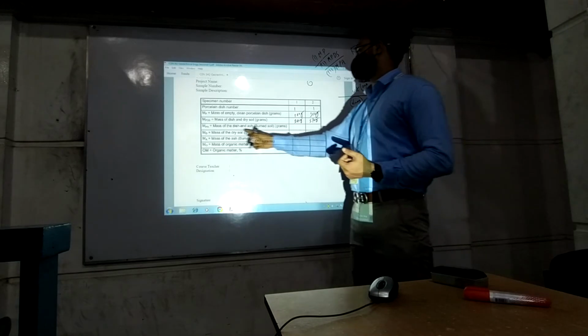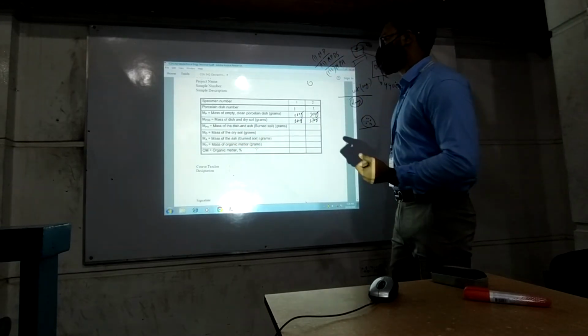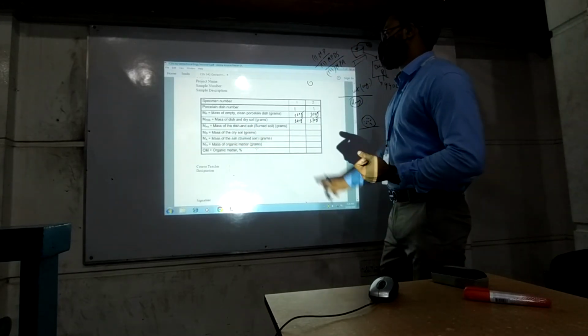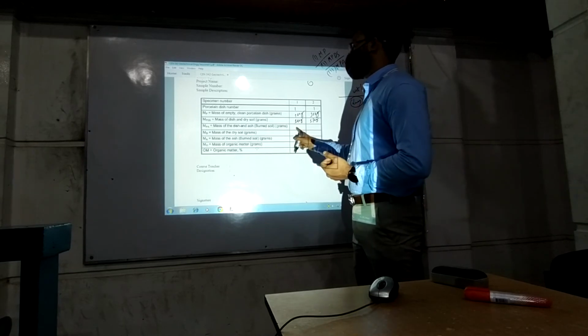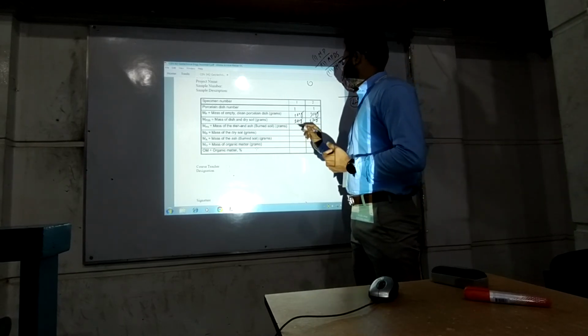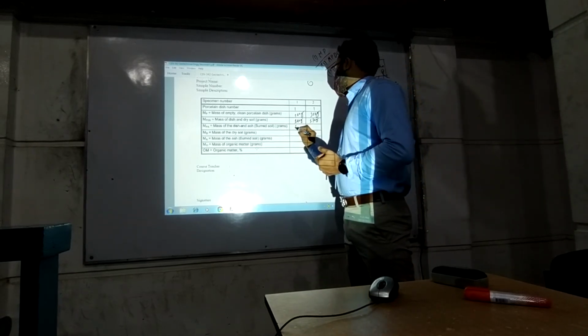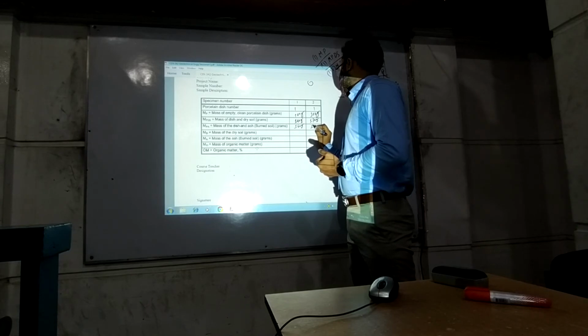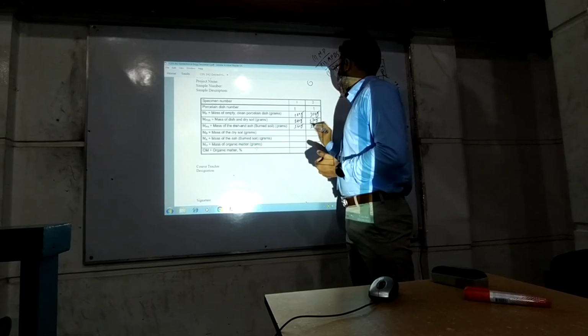So the third one, mass of the dish and ash, MPA. I mean the dish plus the ash. After becoming the ash, it will become like 160 gram, and this becomes 150 gram.